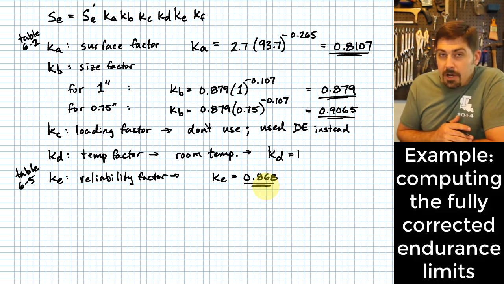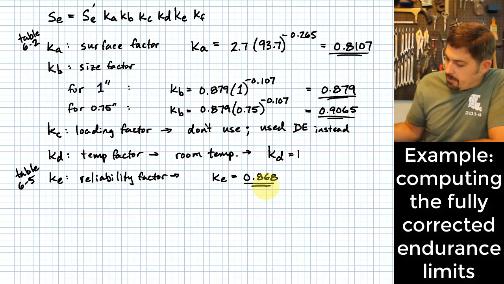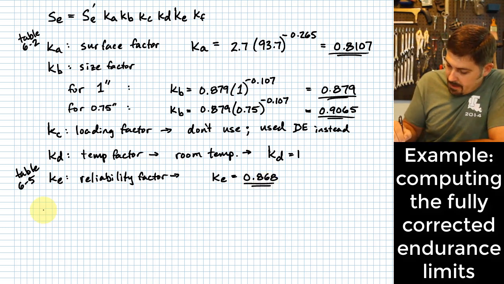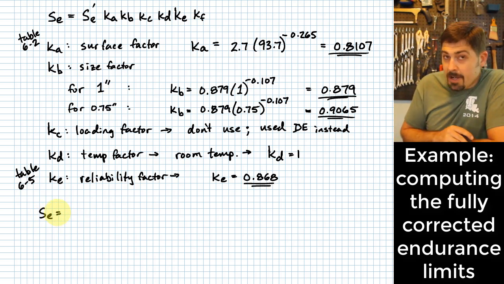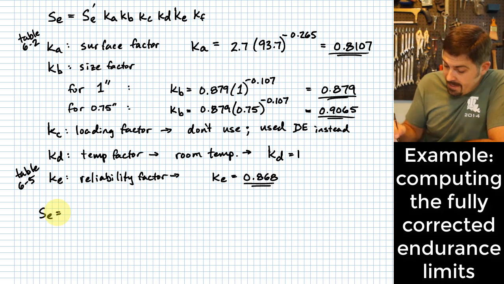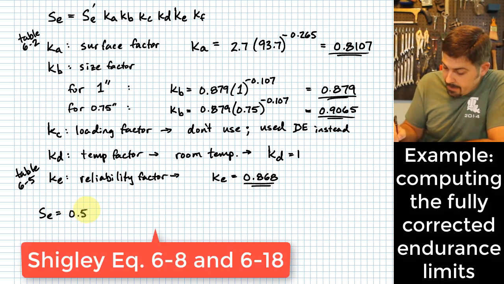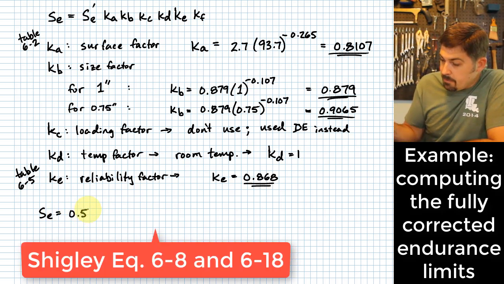All right, so now we need to put together our fully corrected endurance limit S sub E. S sub E is going to be equal to S sub E prime. S sub E prime is just half, so 0.5, of our ultimate strength, which was 93.7 KSI.